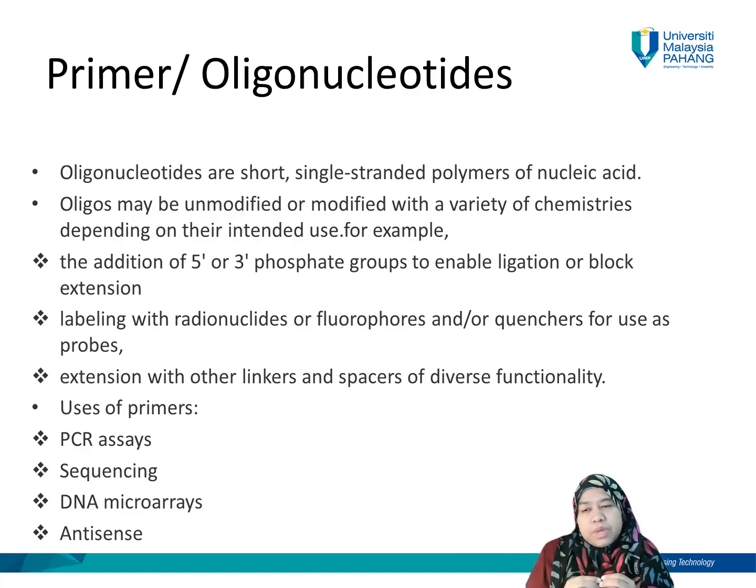In the class we have also learned how to design probes, whether heterologous probe or homologous probe. Make sure to check what is homologous and heterologous. Extension with other linkers and spacers of diverse functionalities.